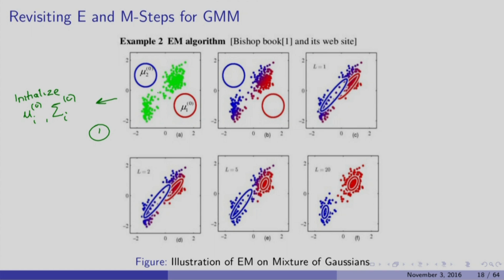In step number 2, we start looking at the membership of these green points to the initialized clusters in blue and red. The clusters don't change. What changes here in the E step are the memberships.